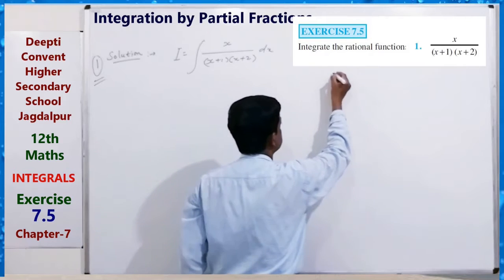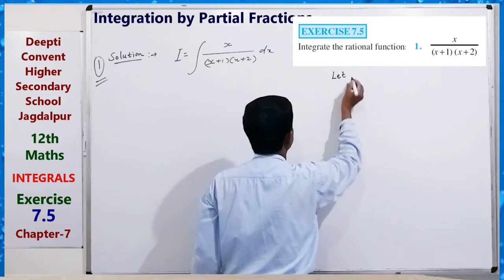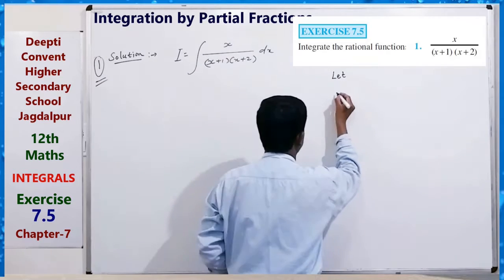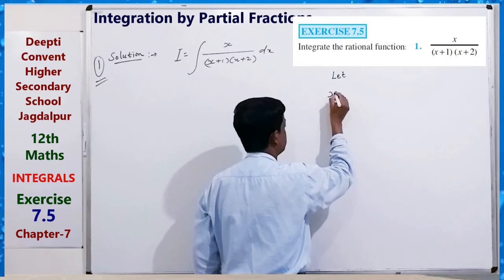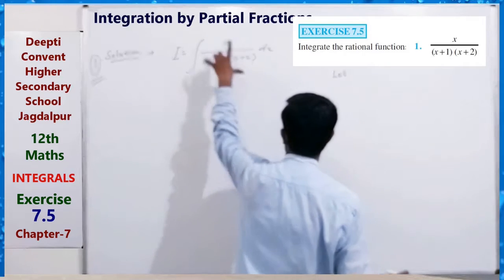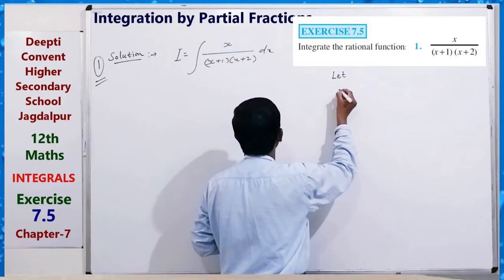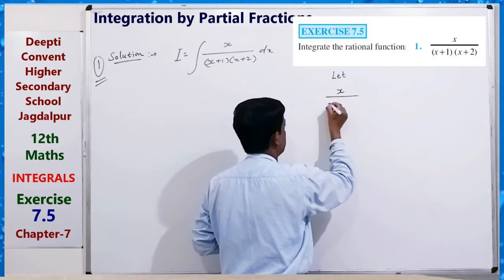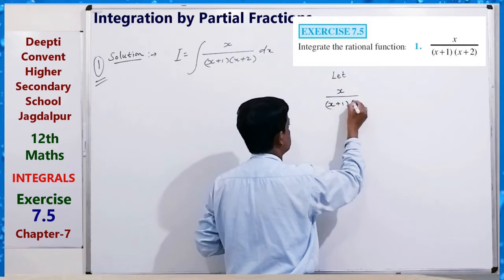So the method is, let what? Partial fraction method is what? Suppose this is a rational function x upon (x plus 1)(x plus 2).